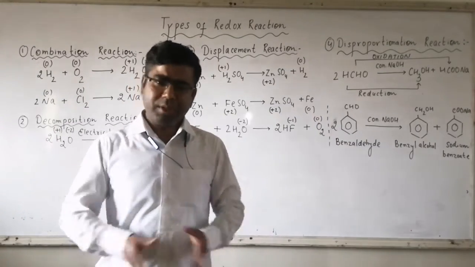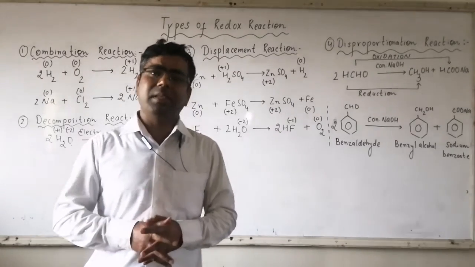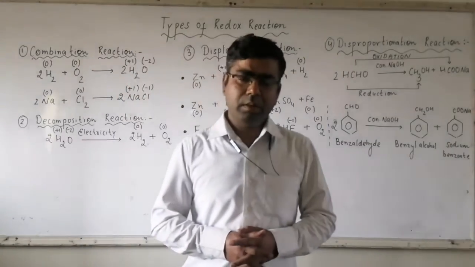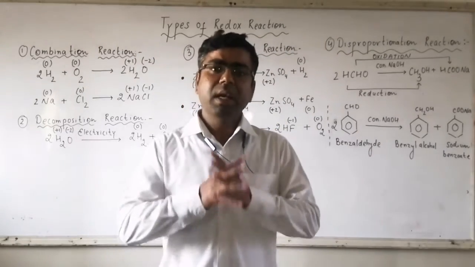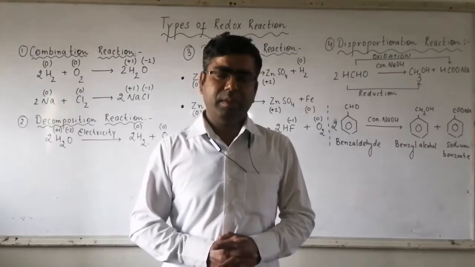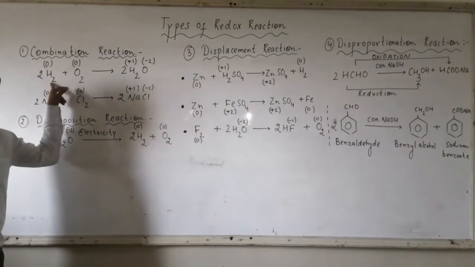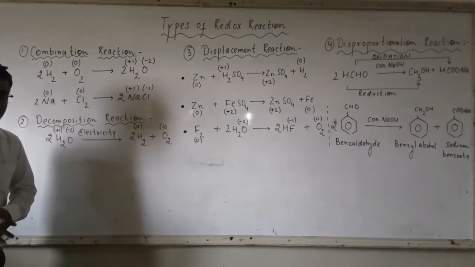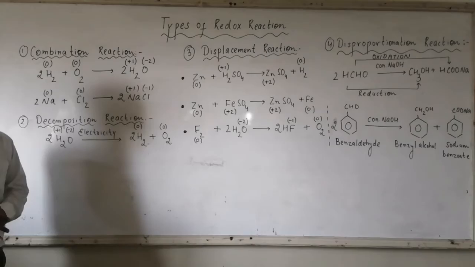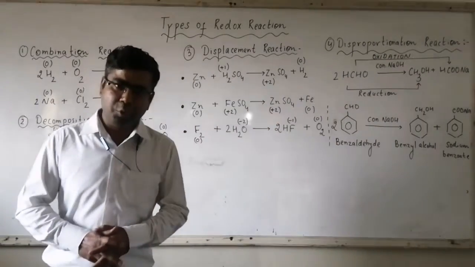Why is it a redox reaction? You know it very well what happens in redox reaction. Reduction and oxidation reaction takes place simultaneously. So here, H2 is the free state for hydrogen, or the elemental state for hydrogen. In nature, hydrogen exists in the form of H2.